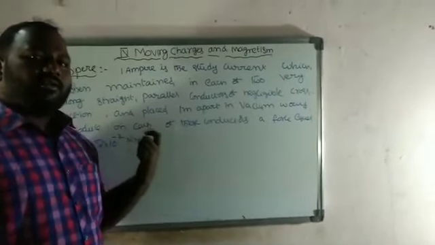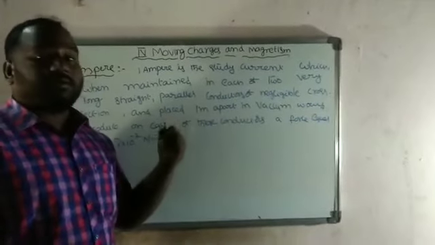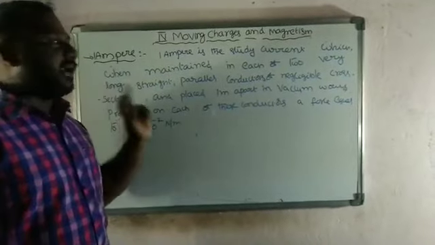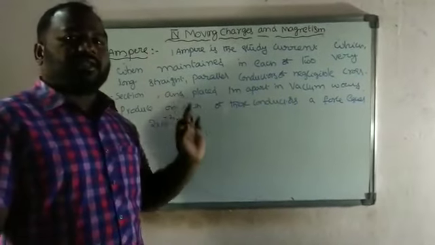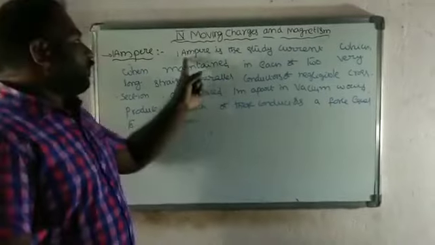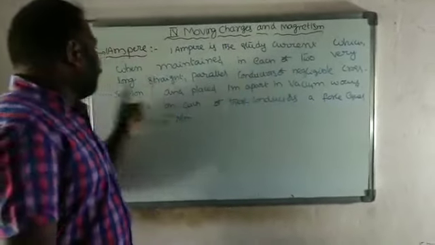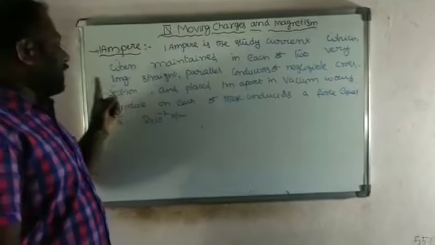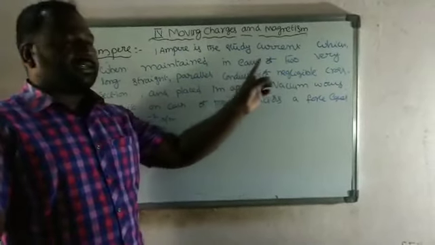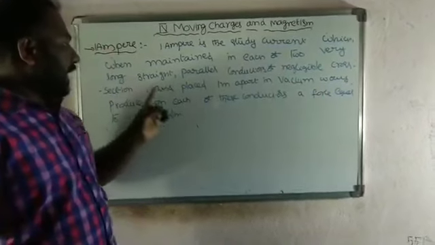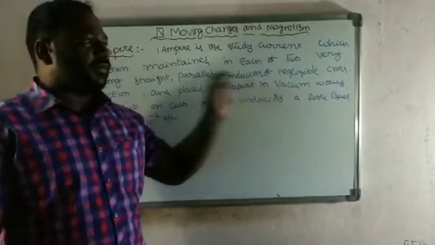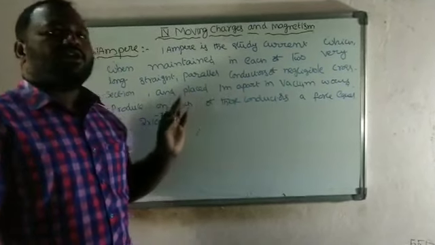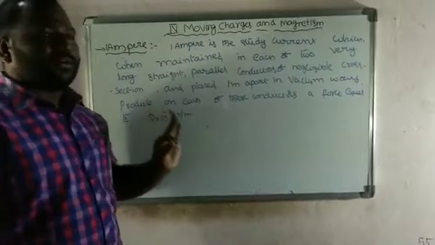But here we derive 1 ampere based on the force between two conductors. 1 ampere is the steady current which, when maintained in each of two very long straight parallel conductors of negligible cross section and placed 1 meter apart in vacuum, would produce on each of these conductors a force of 2 into 10 power minus 7 Newton per meter.